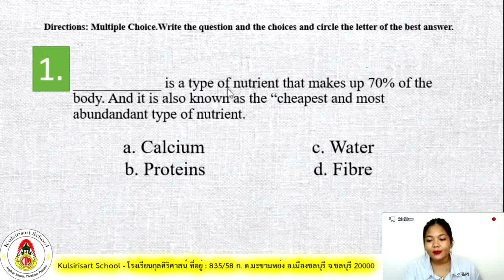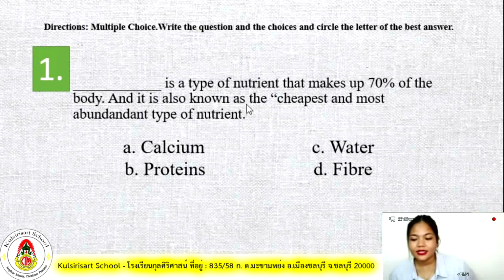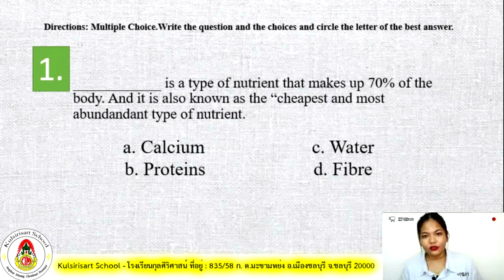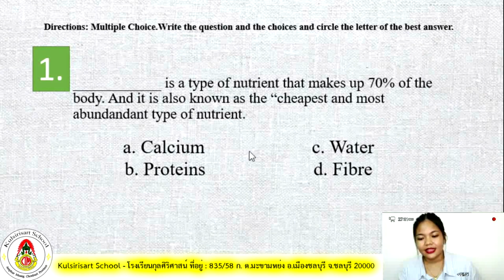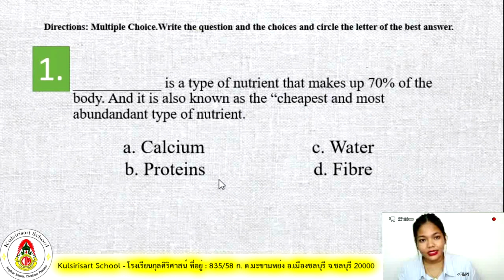Blank is a type of nutrient that makes up 70% of the body, and it is also known as the cheapest and most abundant type of nutrient. What is it? Is it letter A, calcium, letter B, proteins, letter C, water, or letter D, fiber? Start writing this on your yellow book and circle the letter of the best answer.